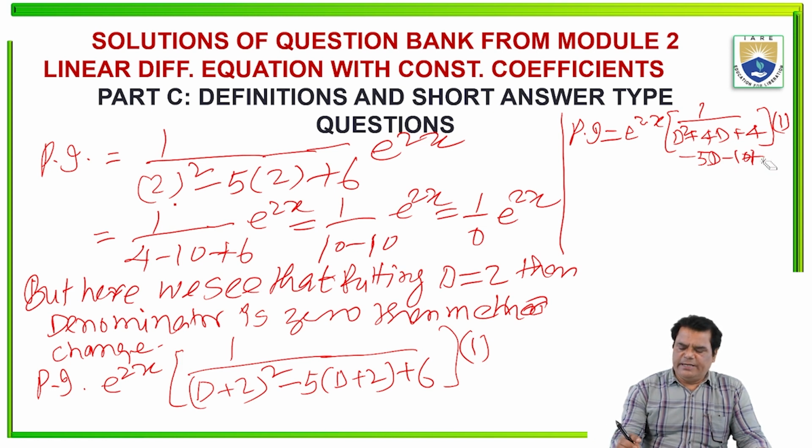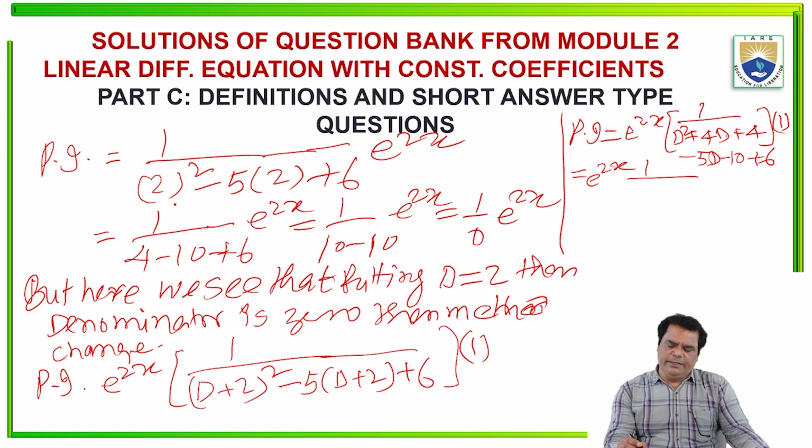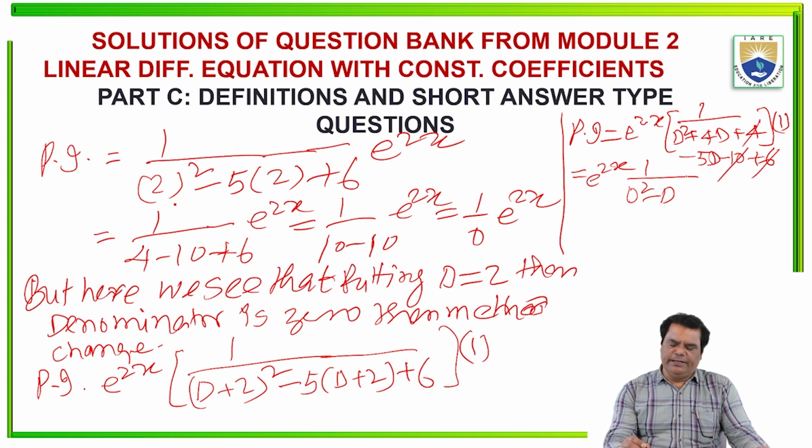Okay, here is 1. D squared plus 4D plus 4 minus 5D minus 10 plus 6. Minus 5D, plus 4 minus 10 plus 6, the 10 is cancelled. So PI is equal to e to the power 2x and 1 upon D squared minus D. So this is only here.